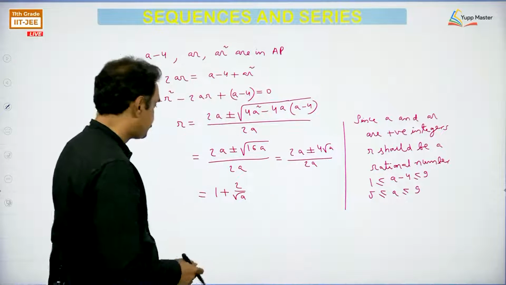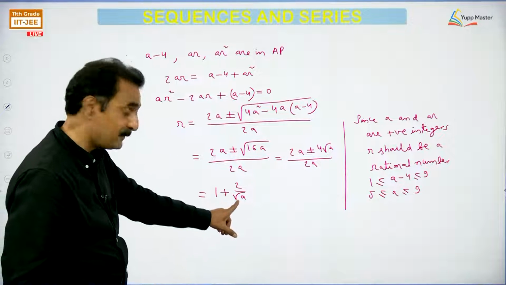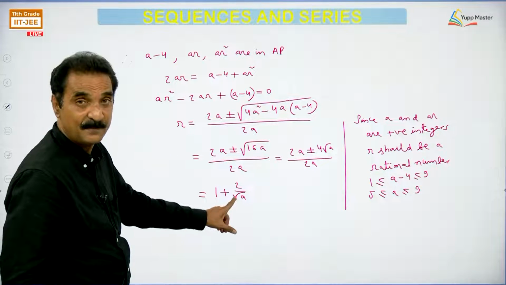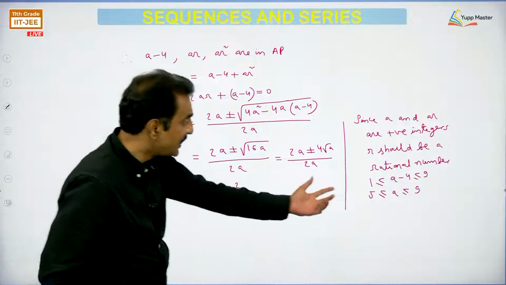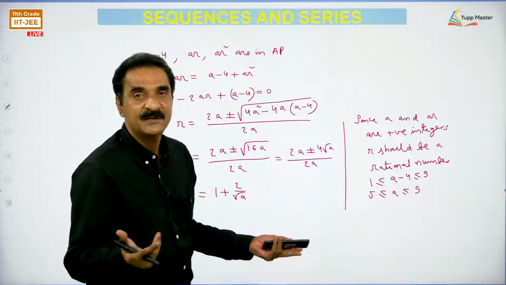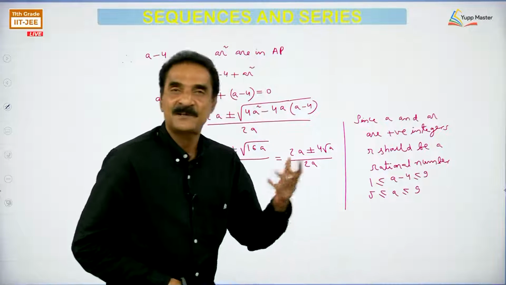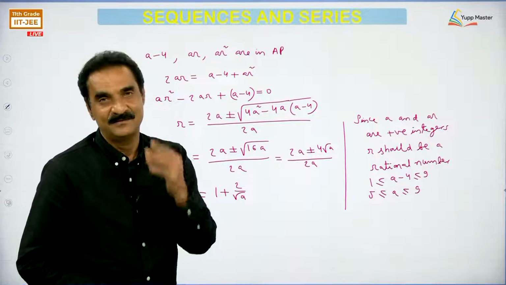Now r should be rational. So a should be a perfect square, and a should lie between 5 and 9. Then what is the value of a? You can easily guess. In the interval 5 to 9, what is the perfect square? Only one number, 9.